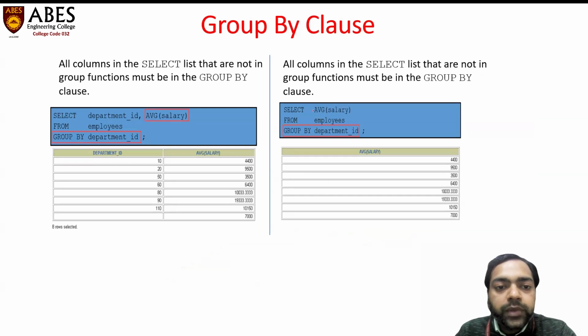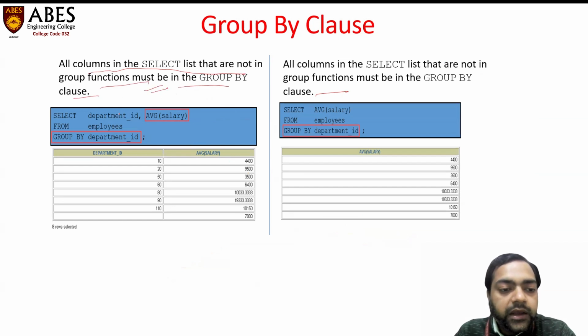Now in the group by clause, first of all, we need to understand the features of a group by clause. Basically, all columns in the select list that are not in a group function must be in the group by clause. What does it mean?